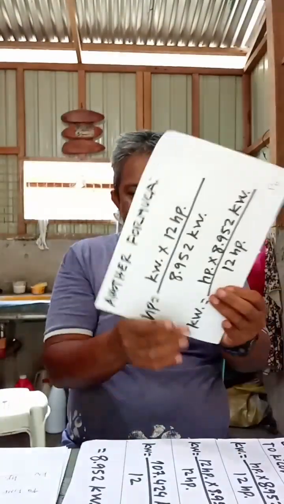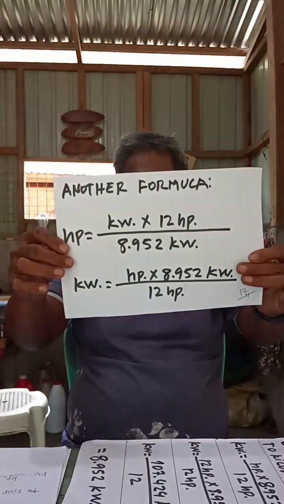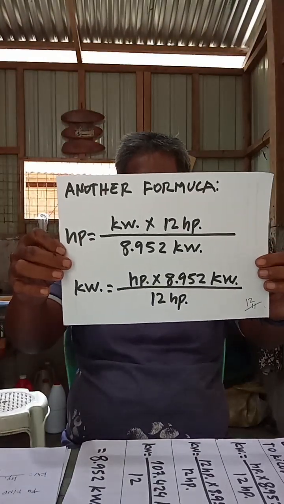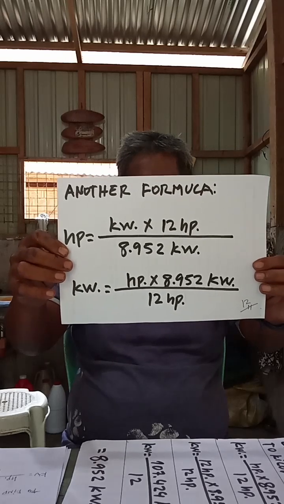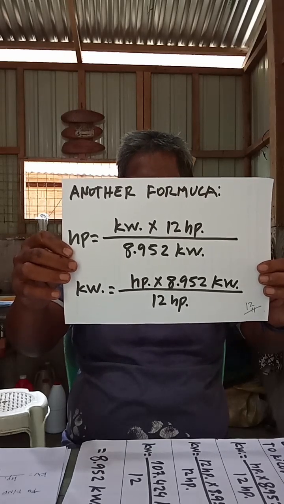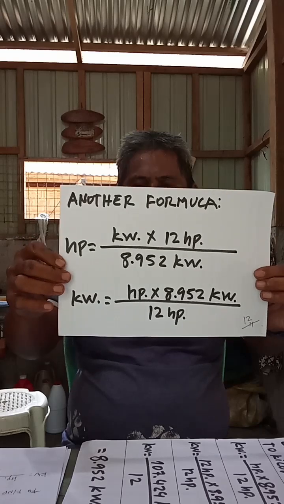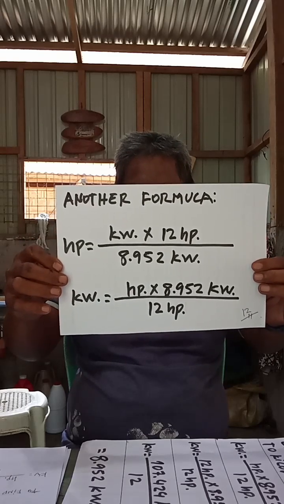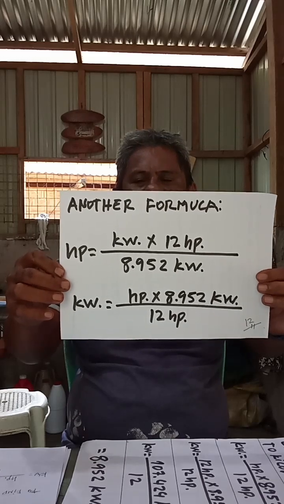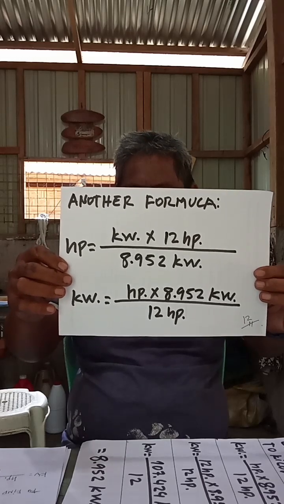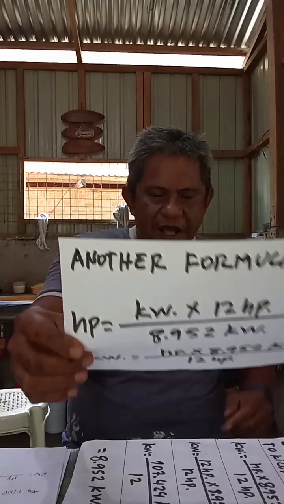So, ang another formula natin to find horsepower is kilowatt times 12 horsepower over 8.952 kilowatt. And to find kilowatt is horsepower times 8.952 kilowatt over 12 horsepower.